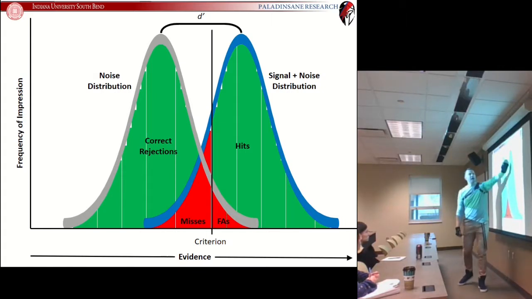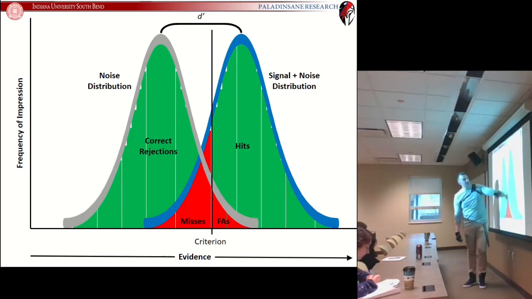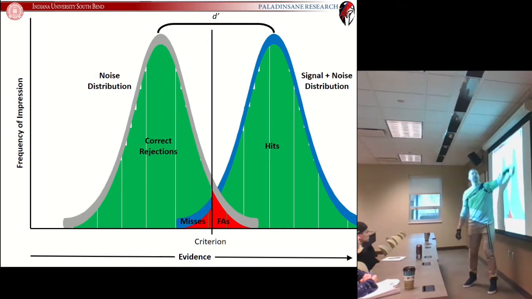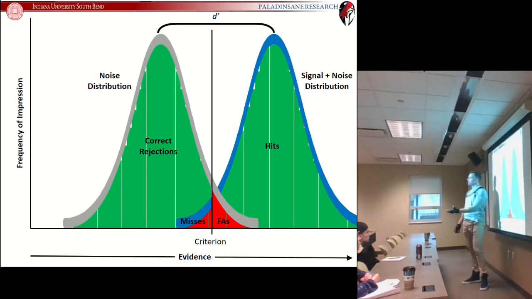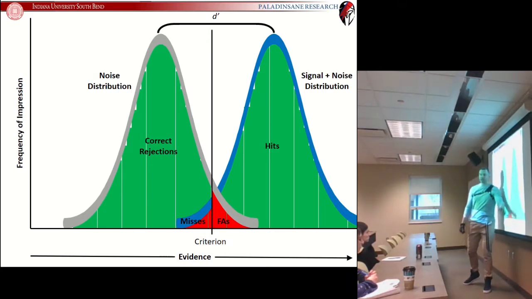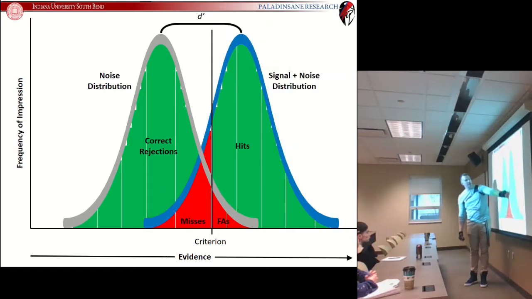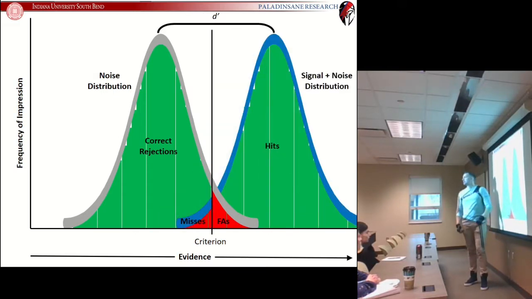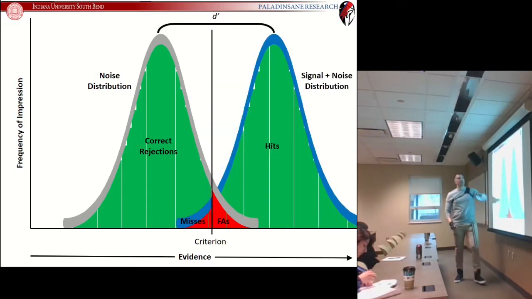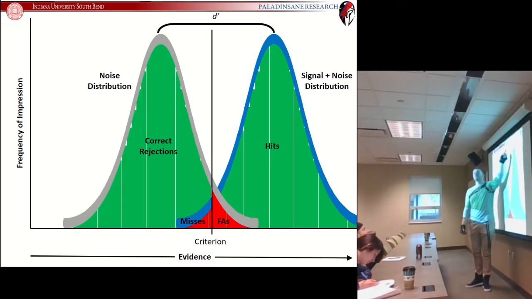But when you get louder, when you give more evidence, look at the amount of hits here. The proportion of green in this distribution goes up, right? More of it is above the criterion. And look at this red down here, the misses. The proportion of misses, the times that you would miss that signal, goes down. So the louder that something is, the greater your sensitivity is to that target.